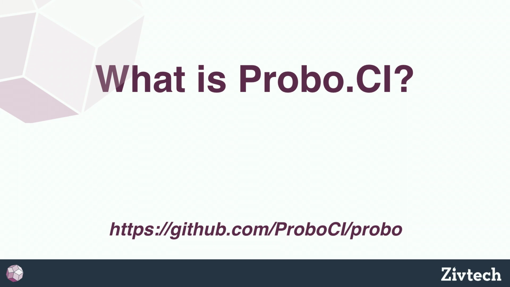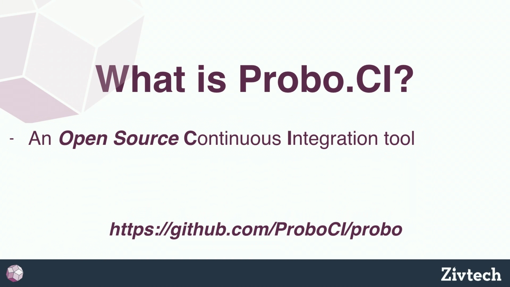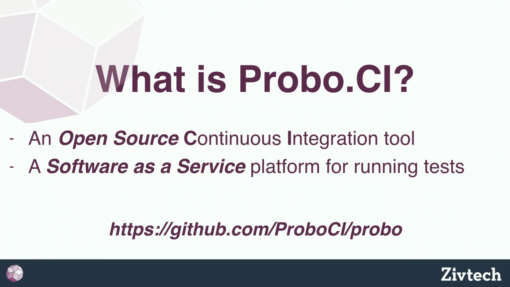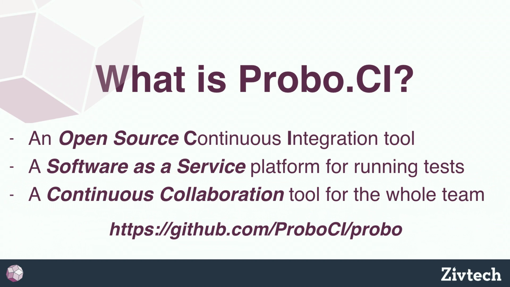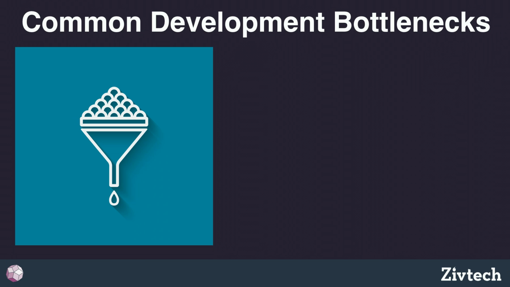So what is Probo.CI? Probo is an open source continuous integration tool. It's also a software as a service platform for running tests. It's also a continuous collaboration tool for the whole team. I'll get more into that in a minute. Basically, time is money, and development bottlenecks can come in many different disguises to hurt your bottom line.